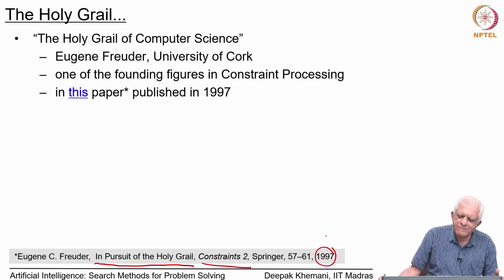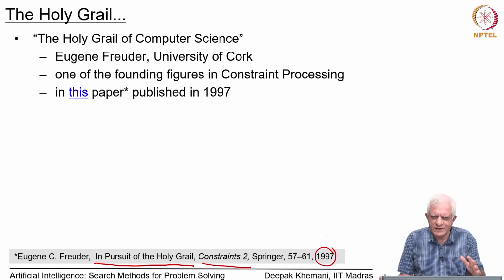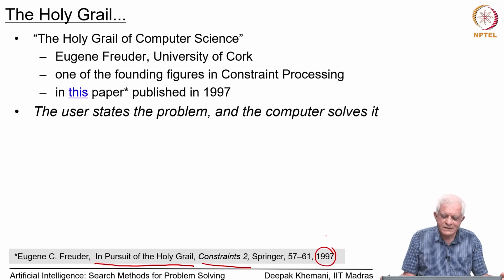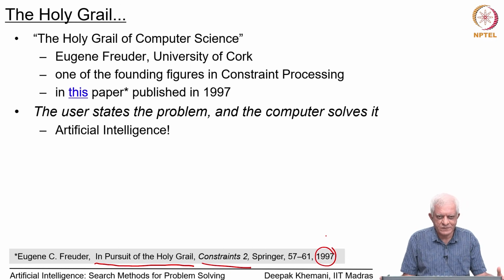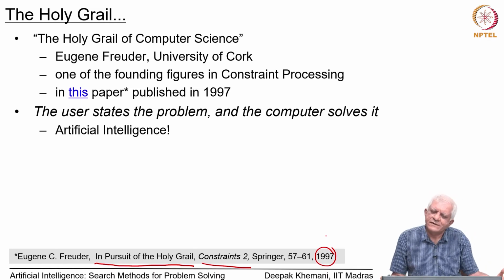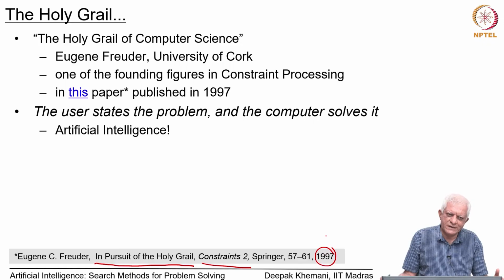And he says that this is the holy grail of computer science, that people who are working in computer science want to do the following, and it is expressed as this, that the user states the problem and the computer solves it. That is according to Freud the holy grail, and according to him the means to go about doing that is using constraint processing essentially.